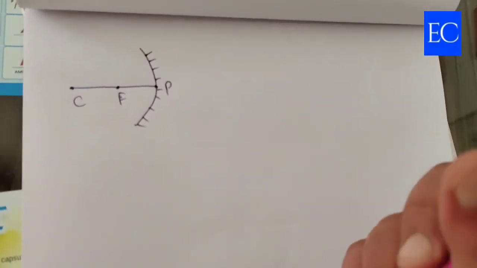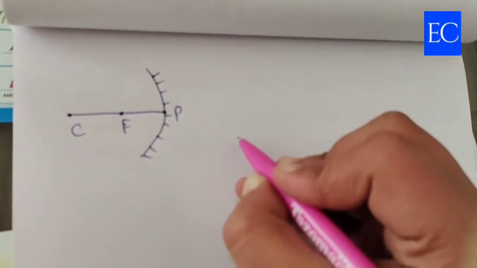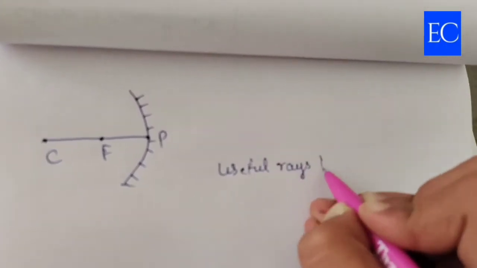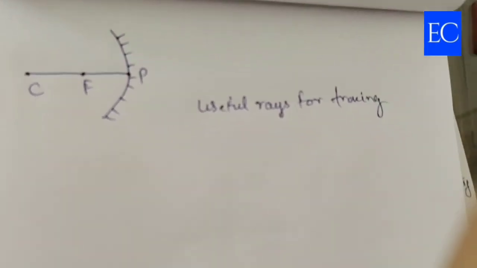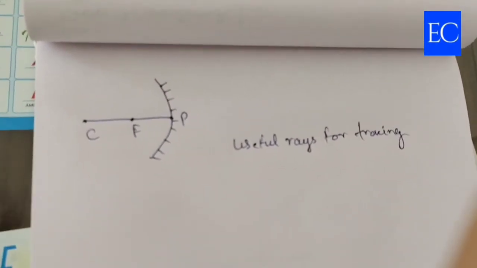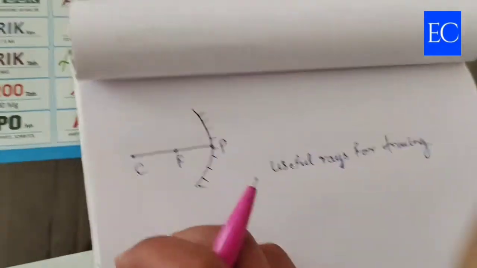Now that you are familiar with all the terms related to spherical mirrors, let us discuss useful rays for tracing. We know that all rays get reflected, but there are some useful rays whose reflected rays are pre-decided in one manner. Let's see.